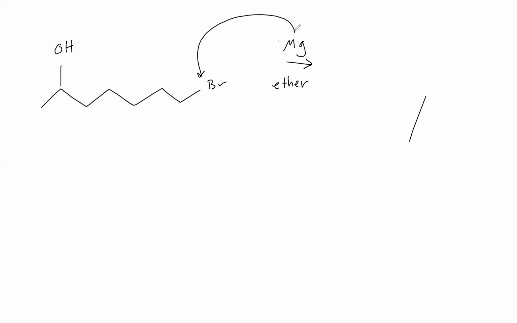However, the Mg is also going to be attracted to the oxygen. So to avoid reaction with the oxygen here, what we're going to want to do is protect it. We're going to use a protecting group. Most of the time that protecting group for our cases is going to be CH3 SiCl.